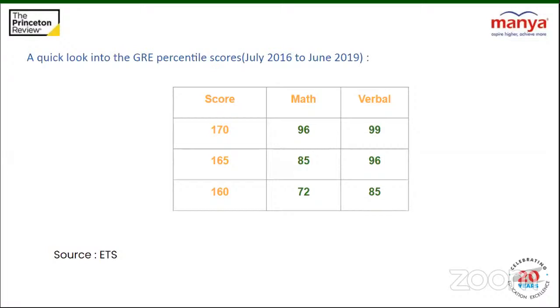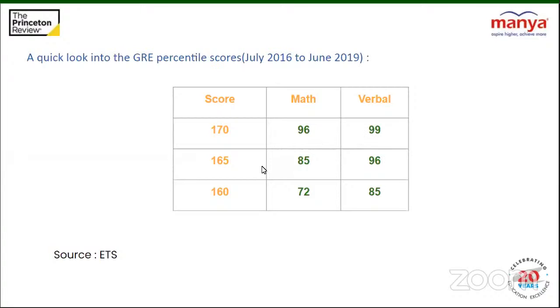Rather, in the score report, you will see three different scores: one for math, one for verbal, both on a range of 130 to 170, and an AWA score that ranges from 0 to 6. If you get a 170 on the math, it will be the 96th percentile, as in you're in the top 4 percent of test scorers. But on the verbal, it's a 99.